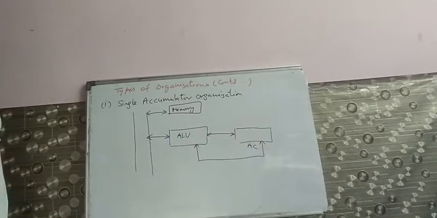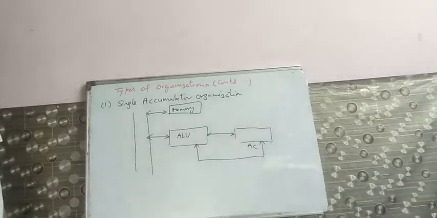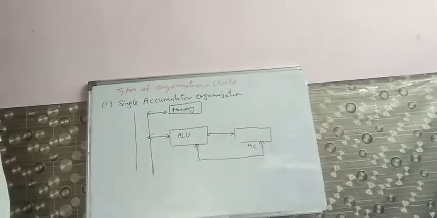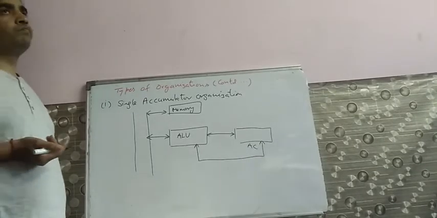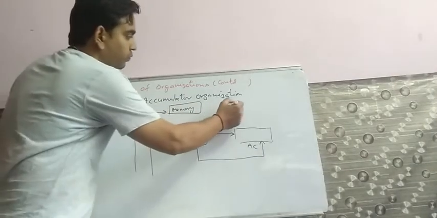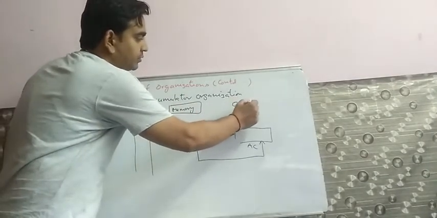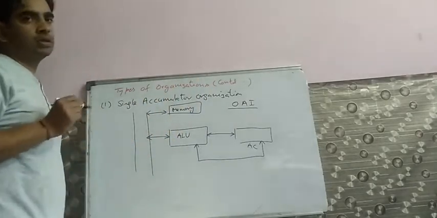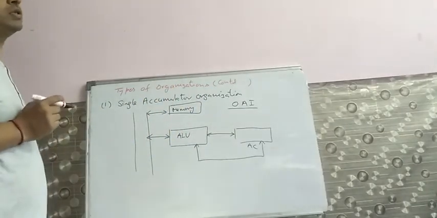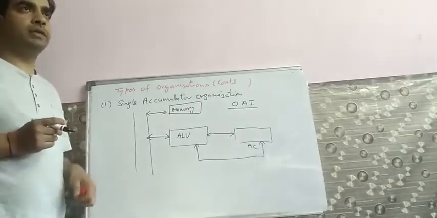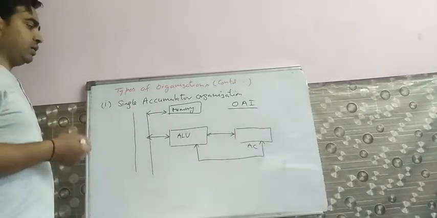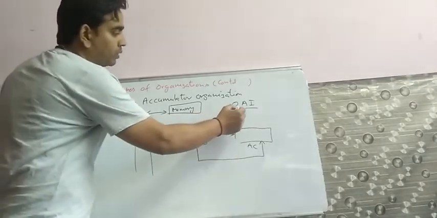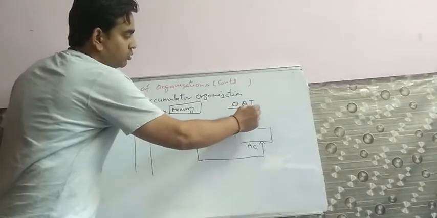In this particular organization, the instructions can be zero address instructions, as we talked earlier, which means the instruction doesn't have any address at all, or this design can follow one address instructions also.